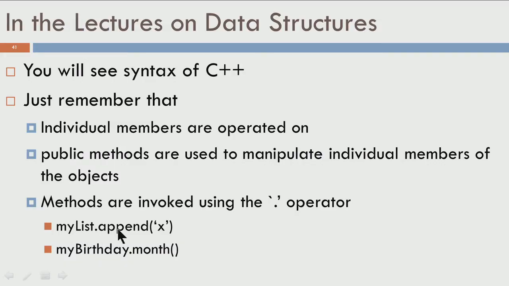You will either change the values of the members or you are going to read the values of the members. You will see that there are public methods that are used to manipulate the individual members, and you may also see private methods which are only called by public methods, and you will see that the methods are actually invoked using the dot operator. For example, the linked list append would do mylist.append of x, or you will have mybirthday.month and so on.